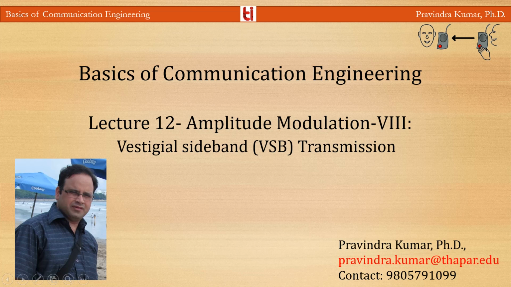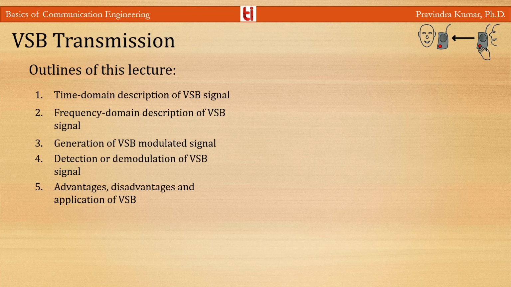In this lecture, I would like to discuss vestigial sideband VSB modulation and demodulation. Also, we will discuss AM transmitter and receiver. The outline of this lecture is: time domain description of VSB signals, frequency domain description of VSB signal, generation of VSB modulated signal, detection or demodulation of VSB signal, and advantages, disadvantages, and applications of VSB signals.